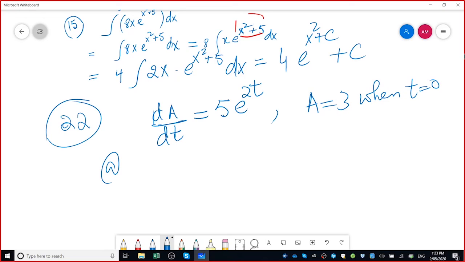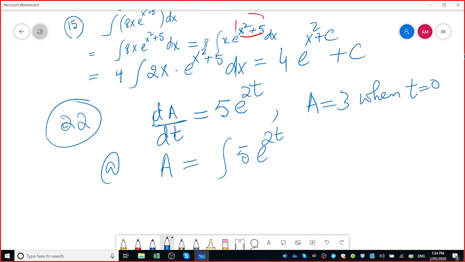A in terms of t, you anti-differentiate. So what would A be then? A would be 5 over 2 times e to the power of 2t plus c.